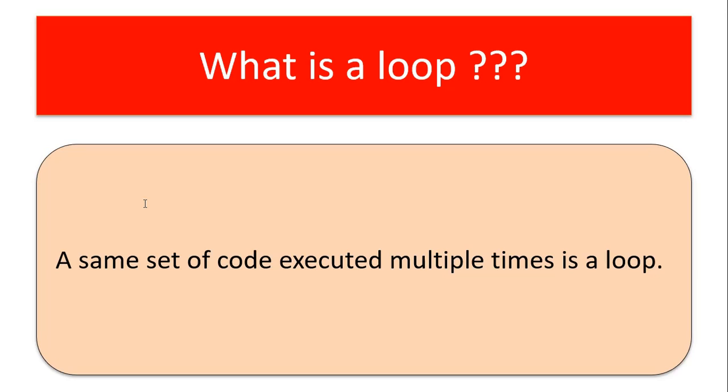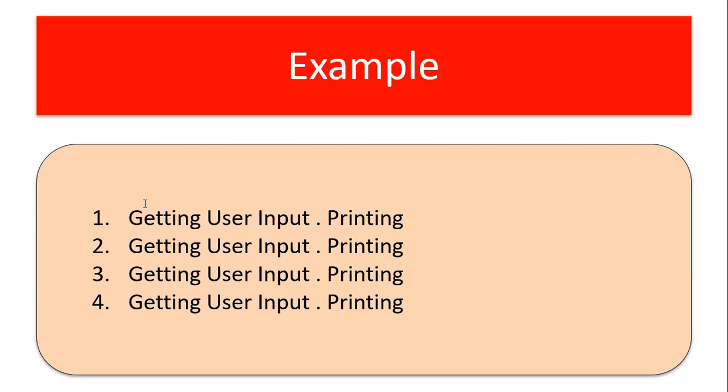Instead of pasting, I cleared all the lines and pasted those two lines just one time inside a block. The same set of code executed multiple times is called a loop. This is the example that we discussed just before.